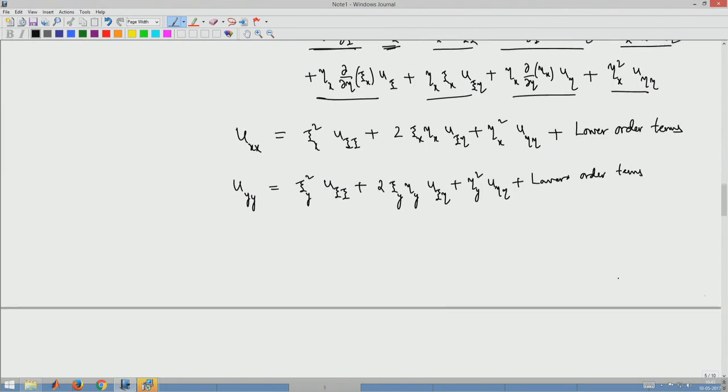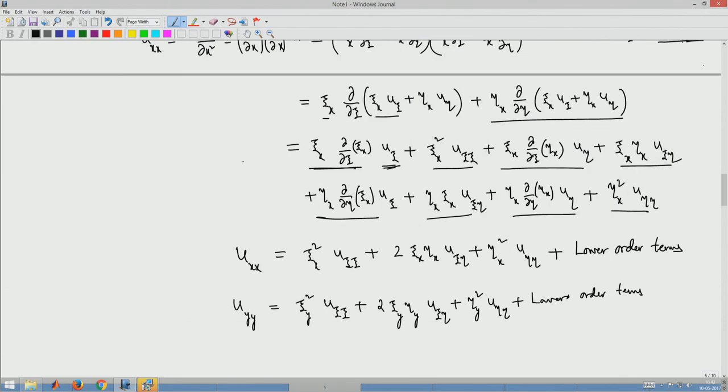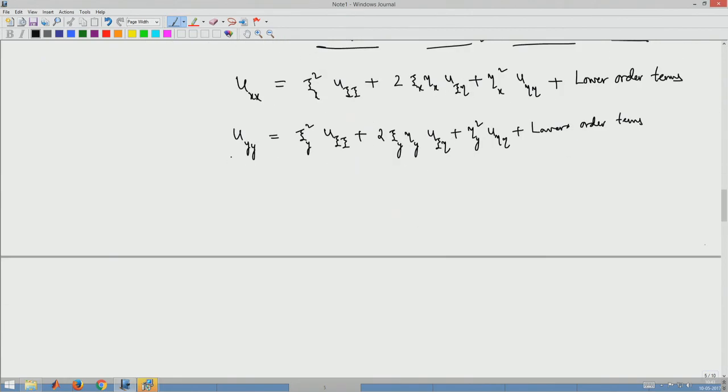Okay. Now, what happens? We also have in the general equation u_xx, u_yy and u_xy. So, this also you have to write u_xy in the same way. What you do is you just have to do dou x operating on dou y operating on u finally, okay, something like that.